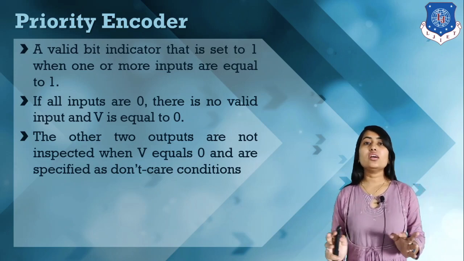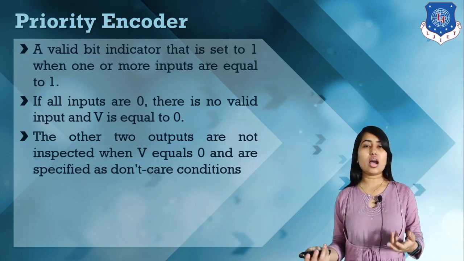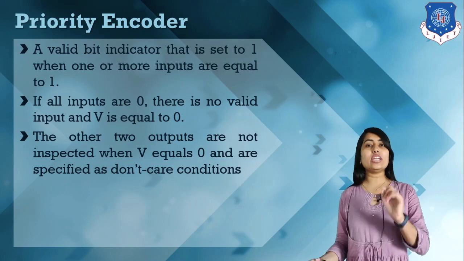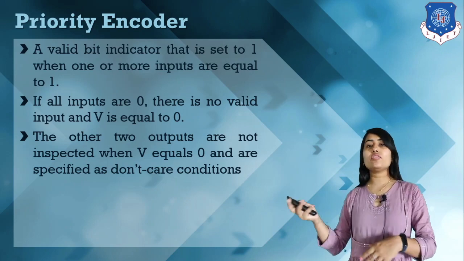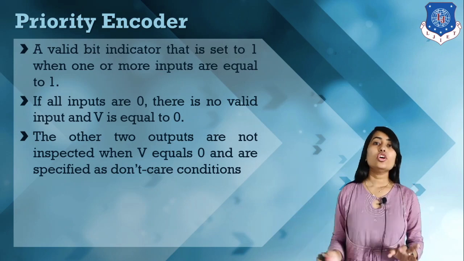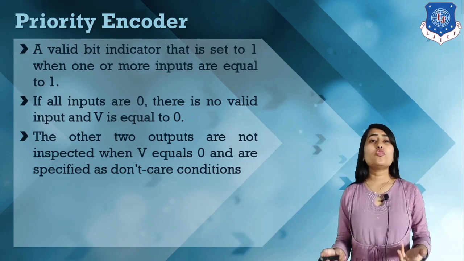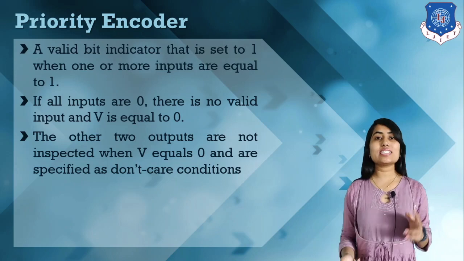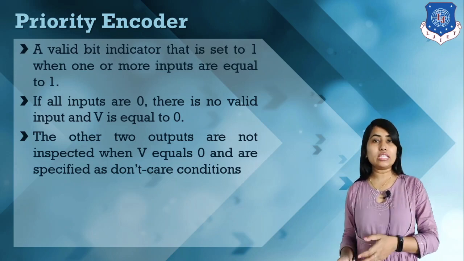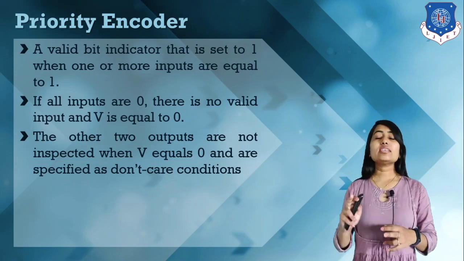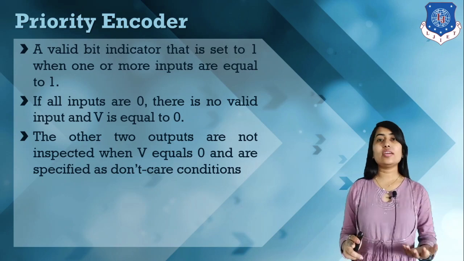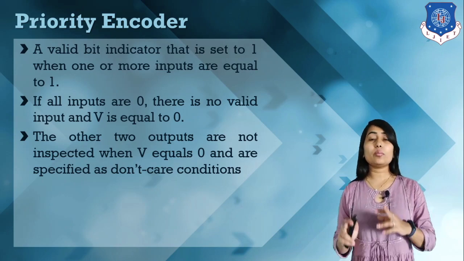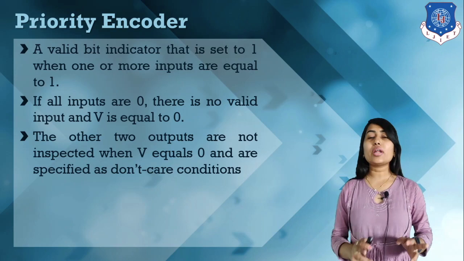In an encoder we have inputs D0, D1, D2, D3, D4, D5, D6 and so on. If we have a 4-input encoder, that means we have four input lines D0, D1, D2, D3. A higher subscript number indicates a higher priority.